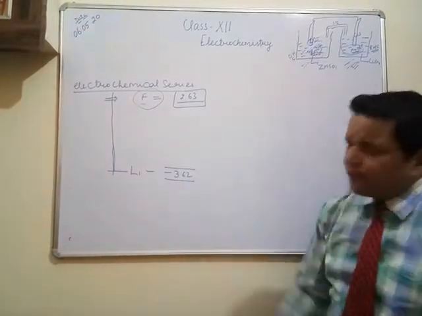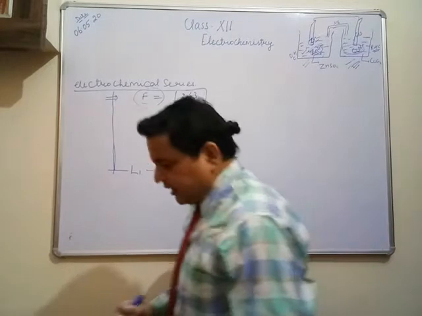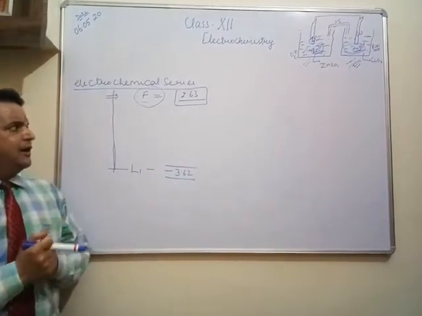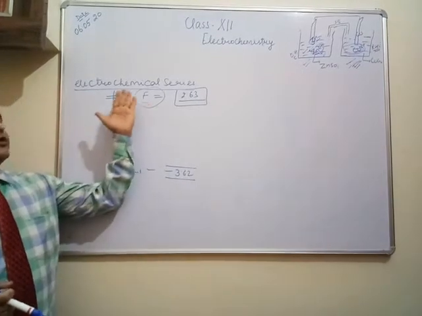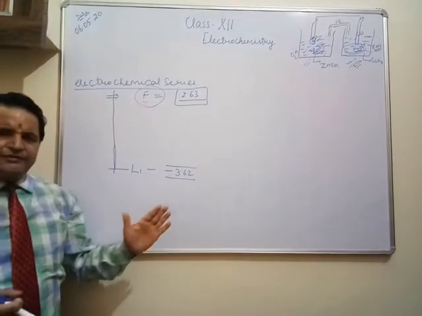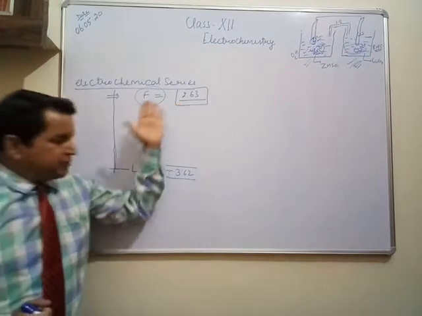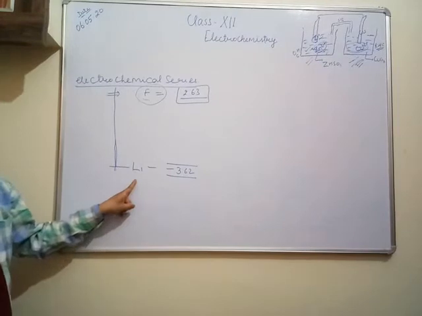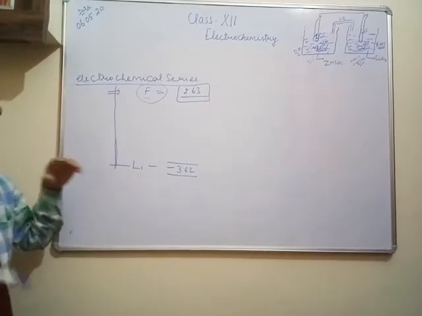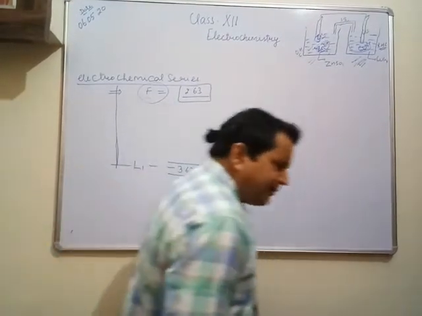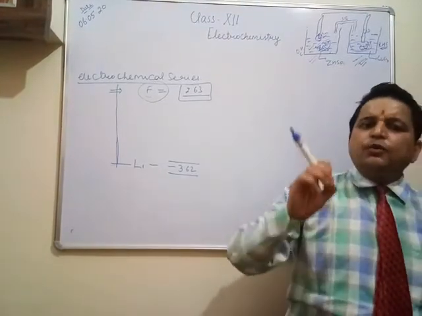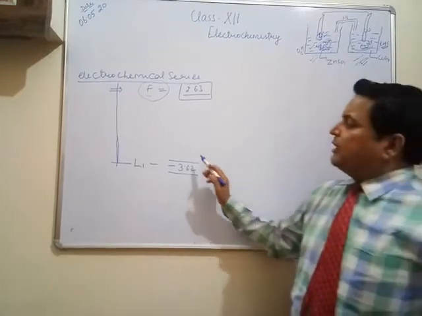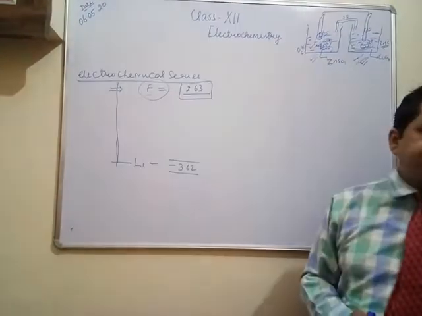It will always reduce, because its reduction potential value tells us that it has a very high tendency to get reduced. Similarly, the lowest reduction potential value of lithium shows that it has no tendency to get reduced. What does it mean? It means it will always oxidize.